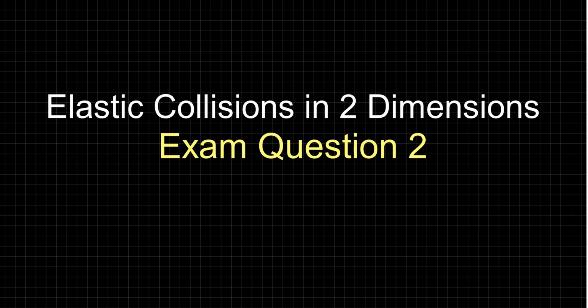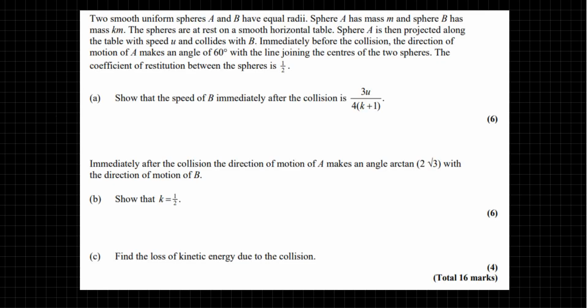So let's look at our second exam question in the elastic collisions in 2 dimensions topic. Okay, so in this case, we're still looking at uniform spheres hitting each other, but this time with a little bit more consideration on the energy that's taking place and trying to work out the speed in terms of some unknown parameter.